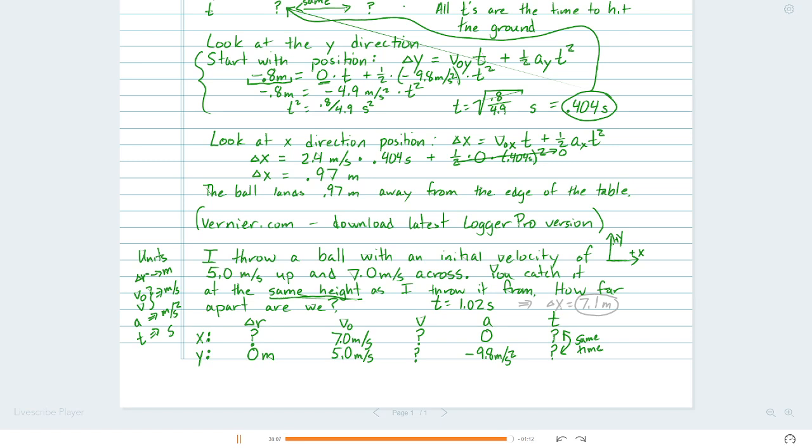Then we use that time in our position equation, and that tells us that our change in x position is going to be 7.1 meters. So we are 7.1 meters apart. So if you got those, excellent. If not, see if you can work out what went wrong.